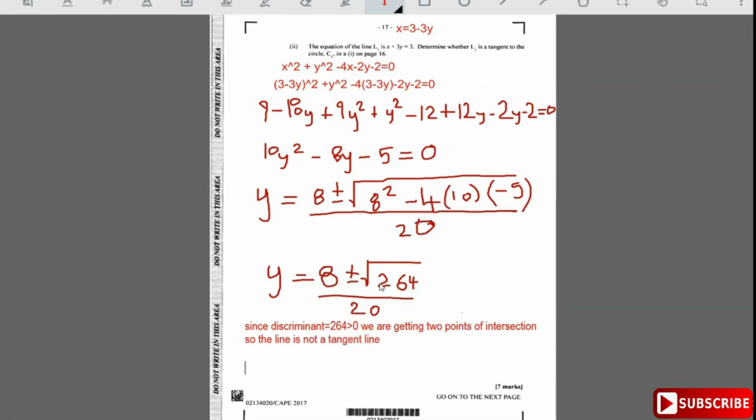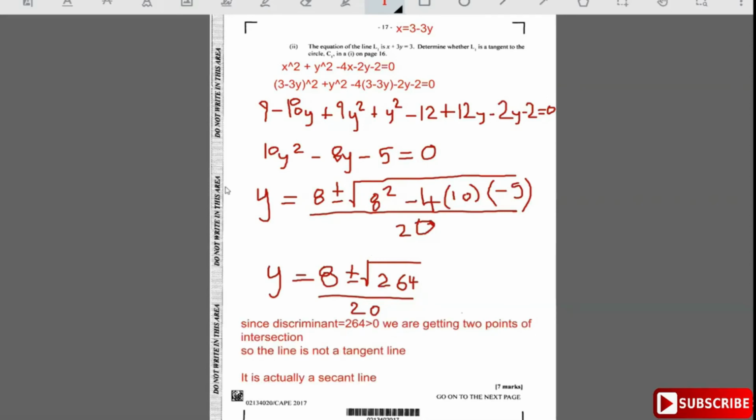It's not a tangent, it is actually a secant line. It's just a regular line that passes through the circle.